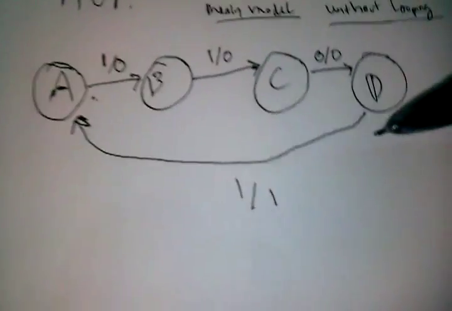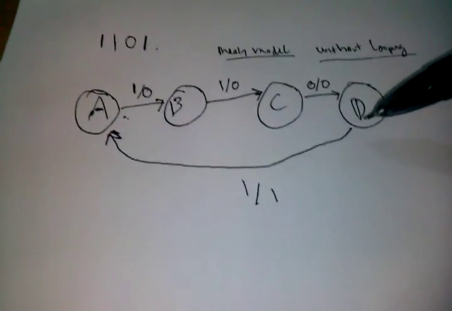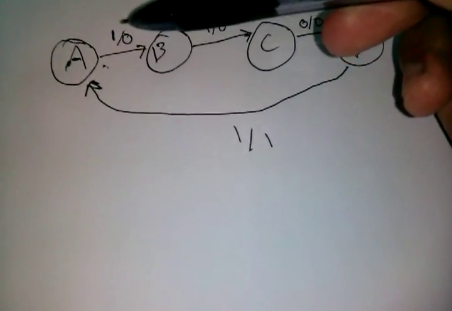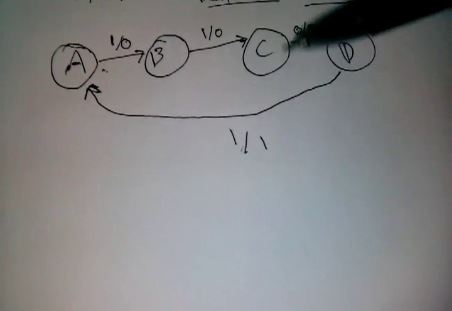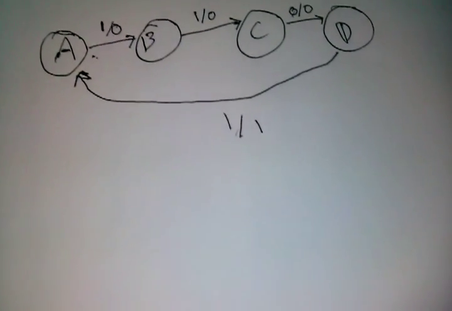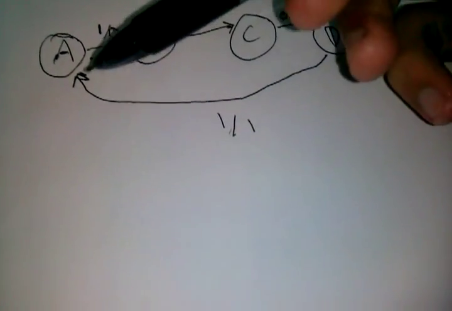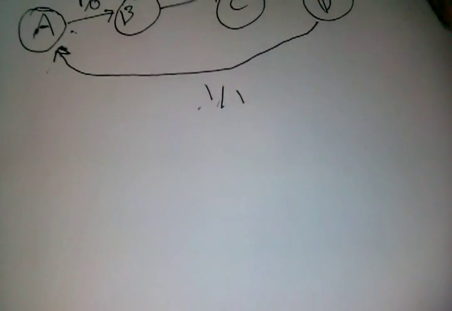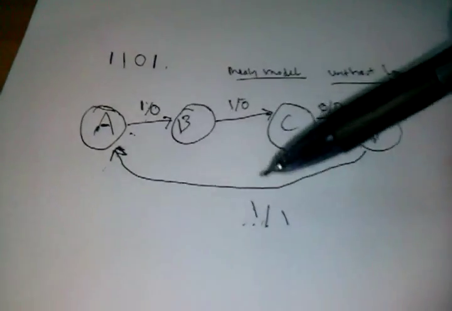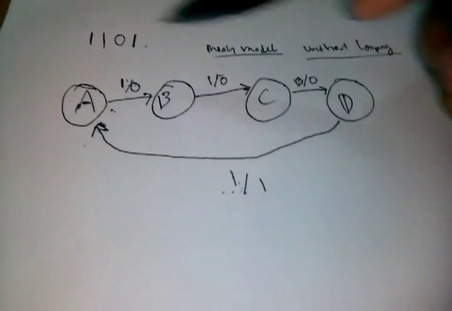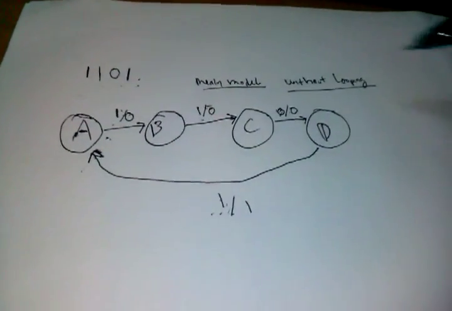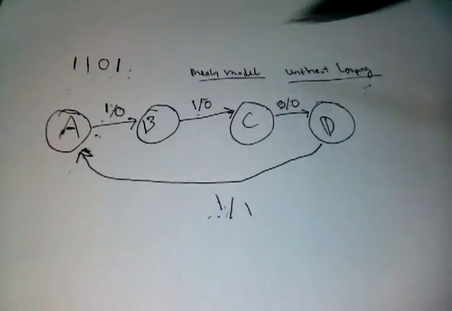Because logically, when it has reached the series 1 1 0 1, when state D gets 1, it goes back again to A to start the sequence again: 1 1 0 1 1 1 0 1, something like that. So this is the last digit, not the first digit. We do not use looping, so this is without looping and the Mealy model.